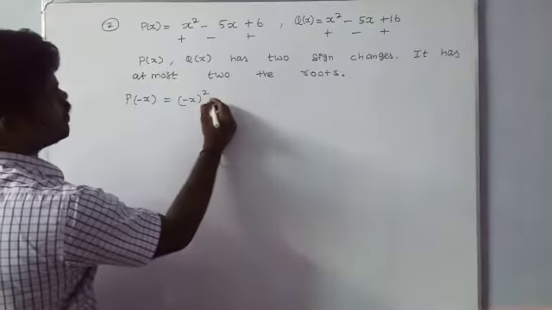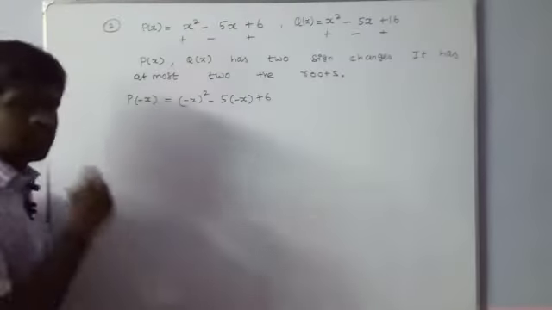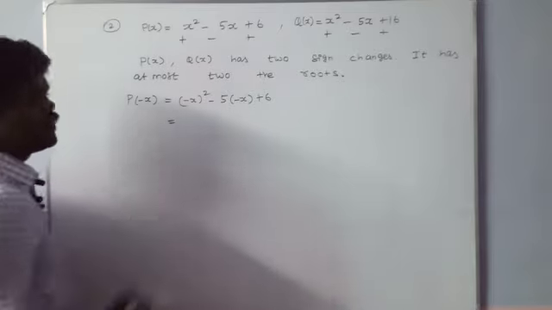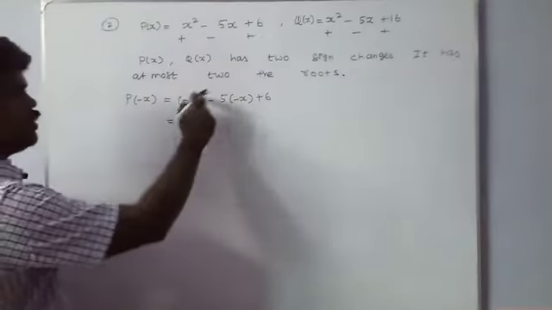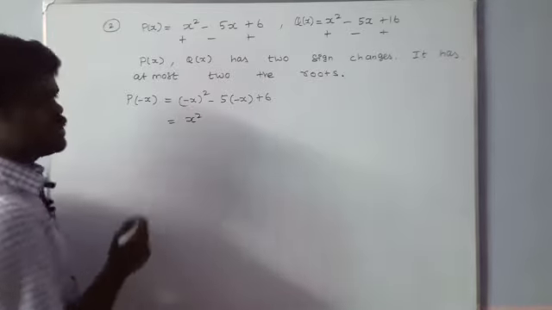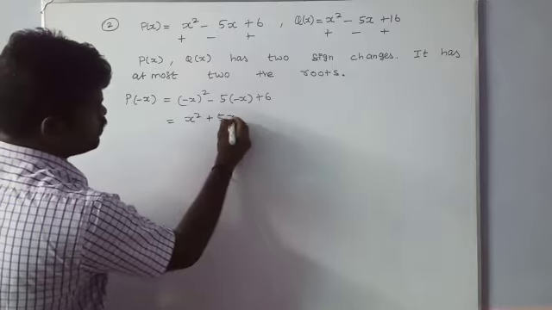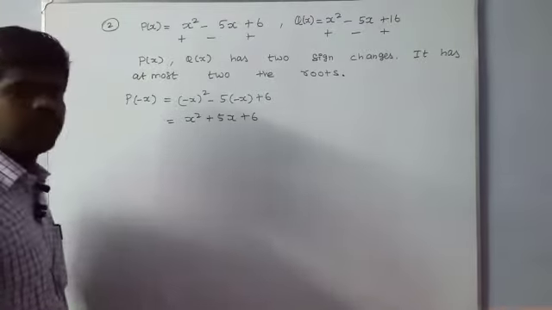Okay, and now we want to replace x with minus x. First of all, p of minus x is minus x the whole square minus 5 into minus x plus 6. Minus x square means x square, and minus into minus is plus, so it is x squared plus 5x plus 6.